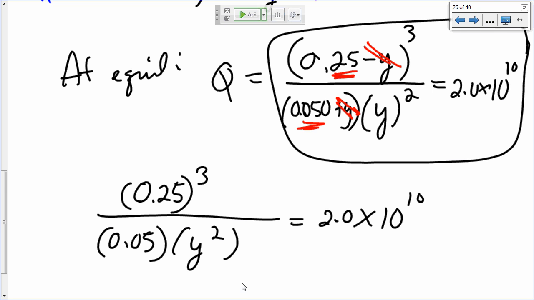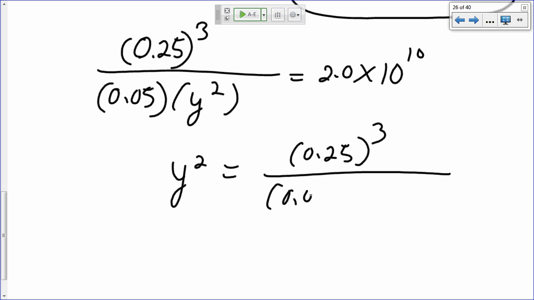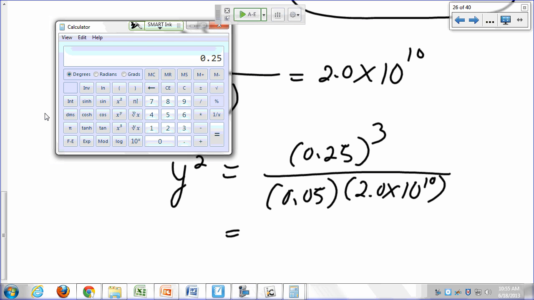How do I solve for y? So y squared equals 0.25 cubed over 0.05 times 2.0 times 10 to the 10. What would that be? 0.25 raised to the power 3, divided by 0.05, divided by 2 times 10 to the 10.